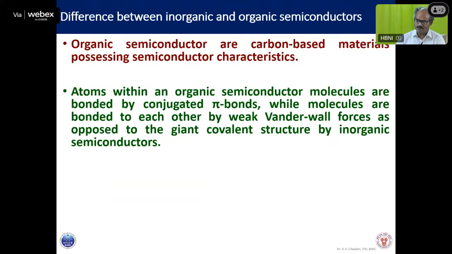In inorganic semiconductors, the bonding is everywhere throughout the crystal. However, in the organic semiconductor case, you have small chunks everywhere, joined together by van der Waals forces. So there is no direct continuity, and it is not a uniformly three-dimensional structure as in inorganic semiconductors. So that is also a reason for low efficiency.